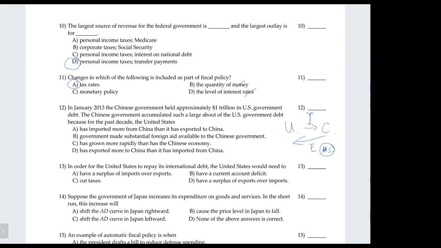And what they're going to do is invest in the US market. And usually the safest way to invest is by US government debt or treasury bonds. Okay, so that's how the trade surplus links with a country's debt. Okay, so the answer here is A.